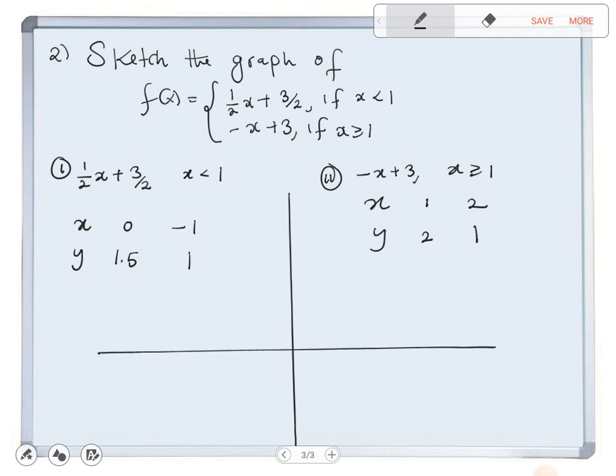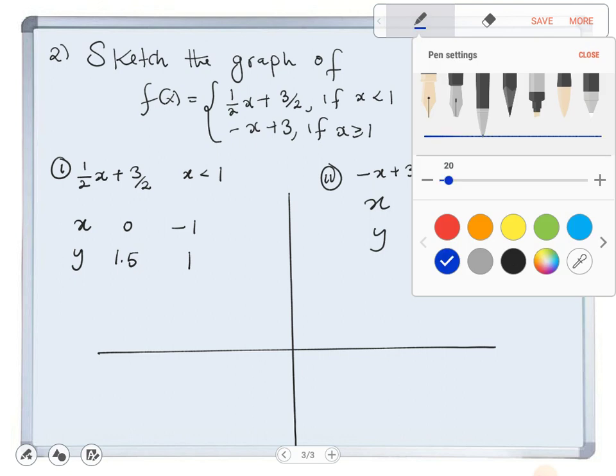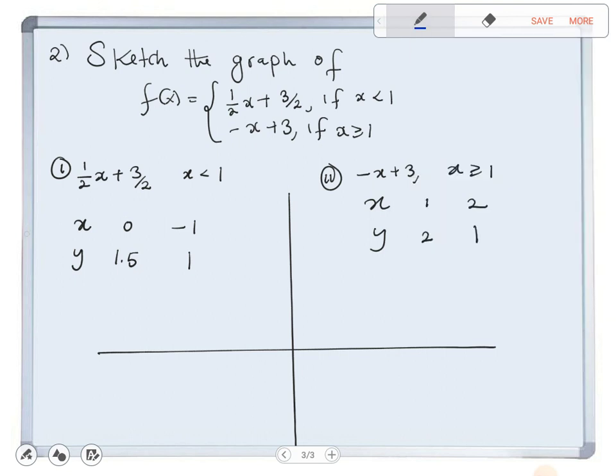Okay, so we start with the first one. So 0, 1.5. This is y, and this one here is x. So we can say 1.5 is here, and we put a dot there.